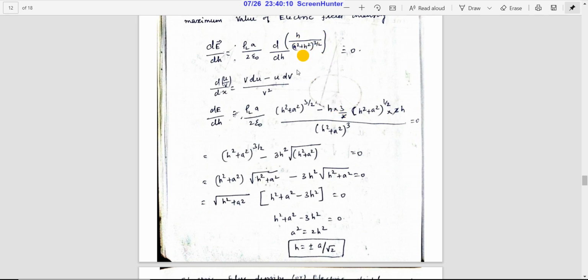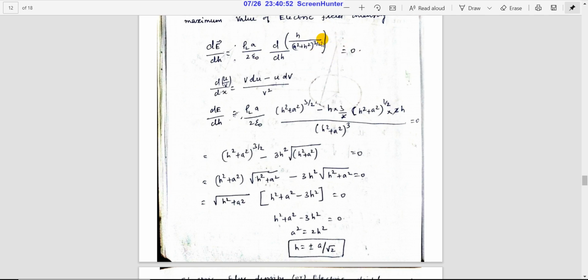To differentiate this, it will be 3 by 2 into A square plus H square power 3 by 2 minus 1, which is 1 by 2, and we also need to differentiate the inner term: A square gives 0, and H square gives 2H, divided by v square, so A square plus H square power 3 by 2 power 2.